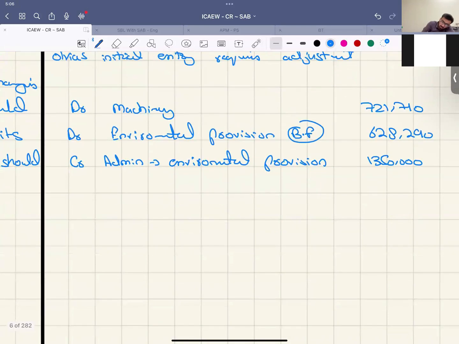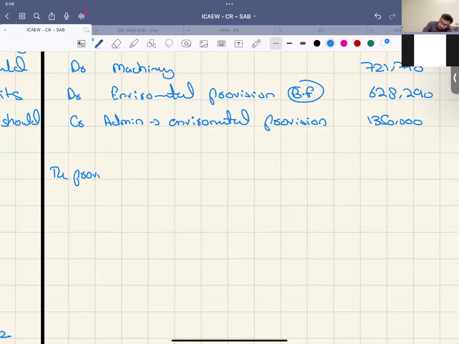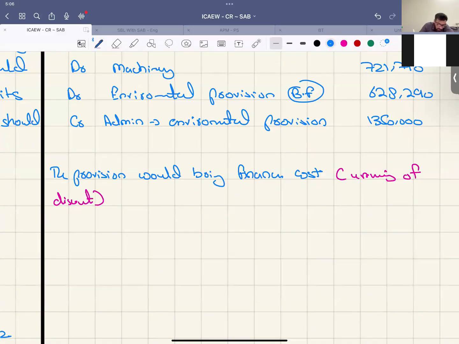And one more thing is the provision would bring finance cost or unwinding of discount. We used to write this unwinding of discount, a term here, right? That should be 721,710, this is my asset, right? Into 6%.